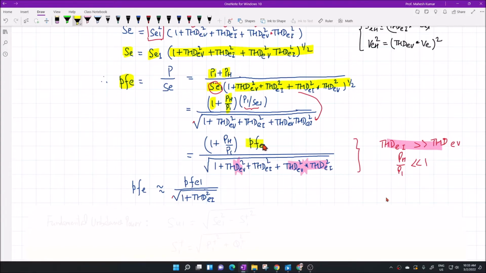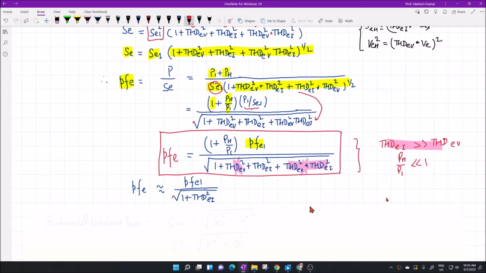PFE1 is nothing but the power factor for fundamental voltage and current, or effective fundamental voltage and current components. So this expression is for a three-phase unbalanced system with harmonics, where you find the power factor based on the effective apparent power.